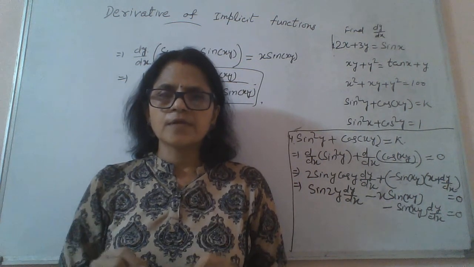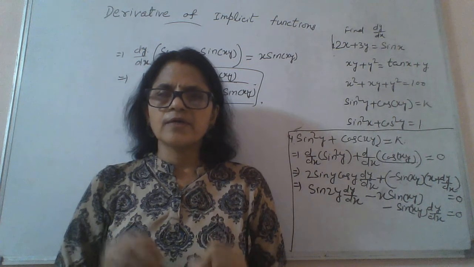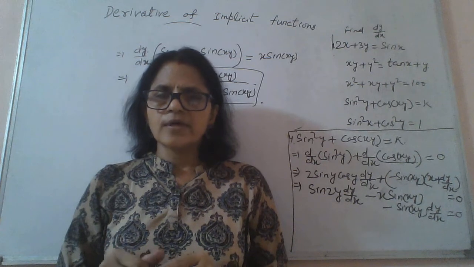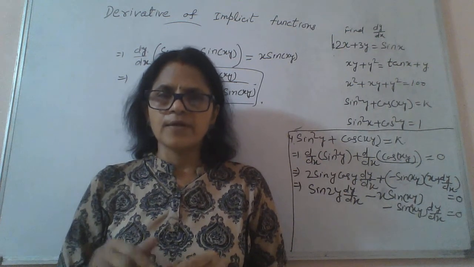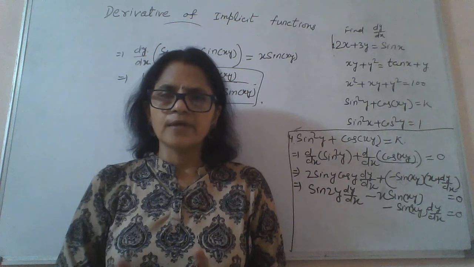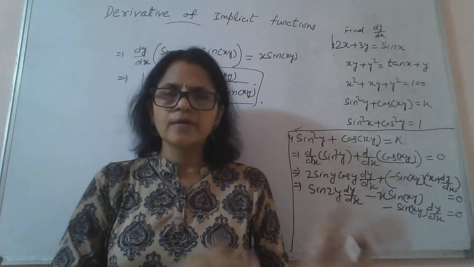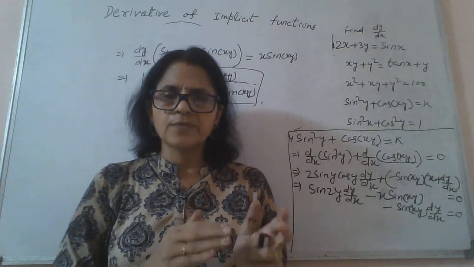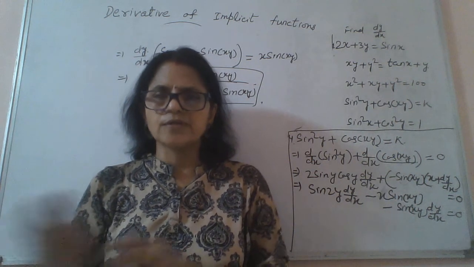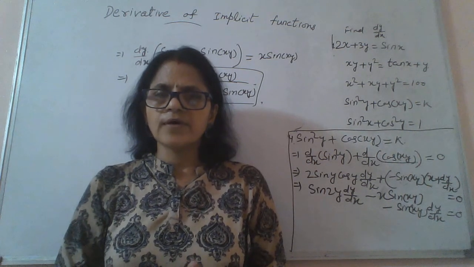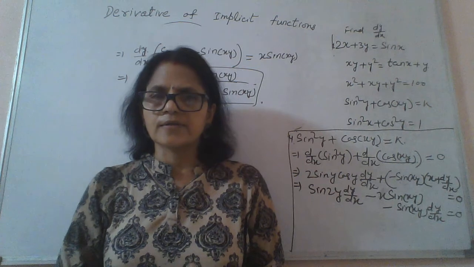First step, differentiate each and every term of both sides. Next, in case you have to find dy by dx, write the terms involving dy by dx on one side and the terms free from dy by dx on the other side. Third step is find the value of dy by dx.